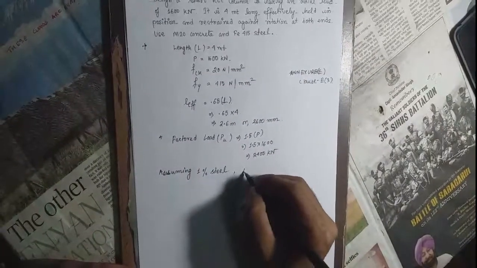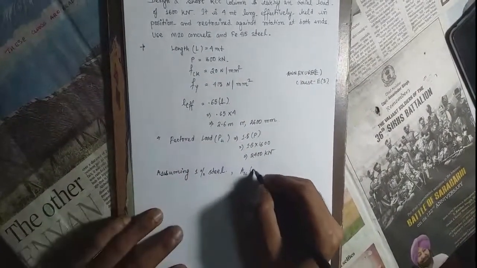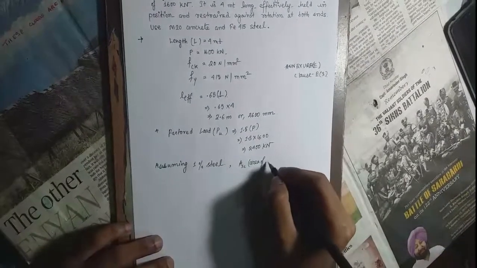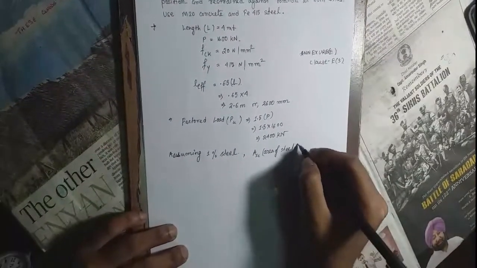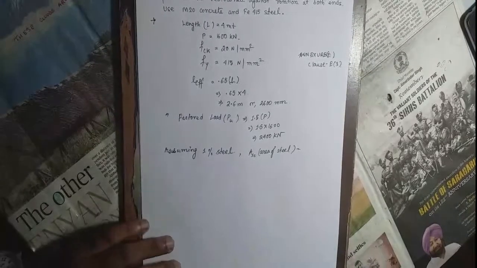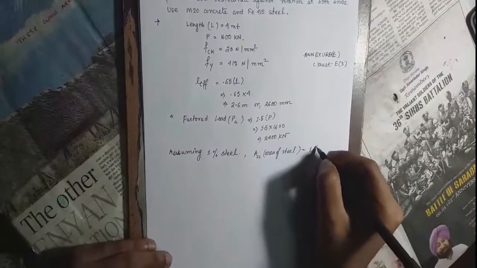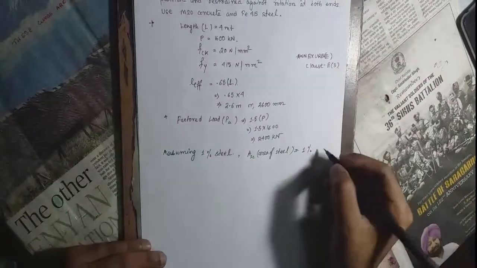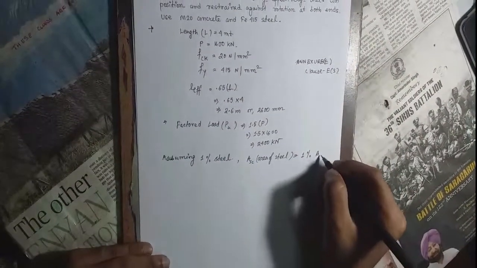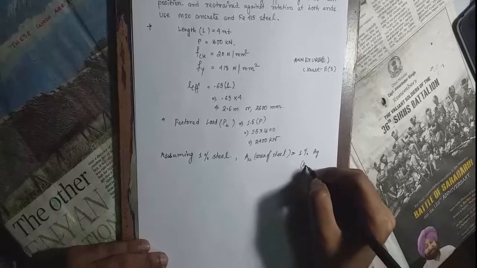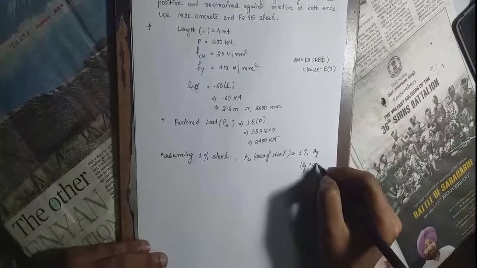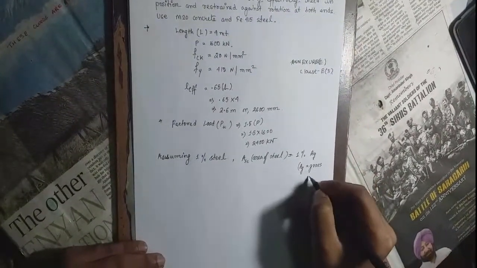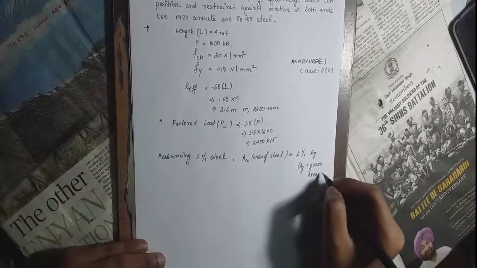So this is the area of steel, ASC, equal to 1%. 1% of what? That question comes to your mind. 1% of AG, the gross area.